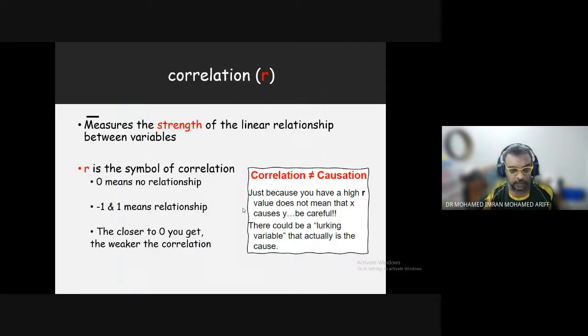So negative one, negative relationship, and positive is one lah. Okay. So the closer you go to zero, the weaker the correlation. That means 0.0000. That means it's a very weak relationship. Walaupun dia positif, tetapi is a very weak relationship. Okay? Very weak relationship.